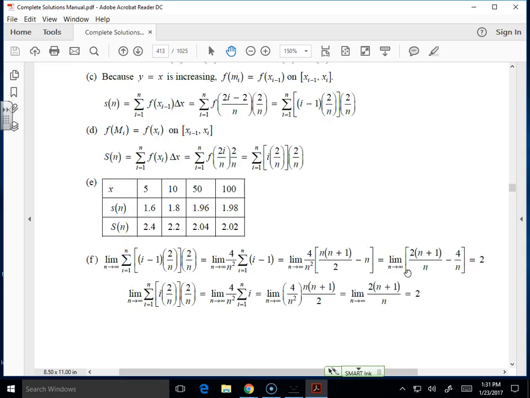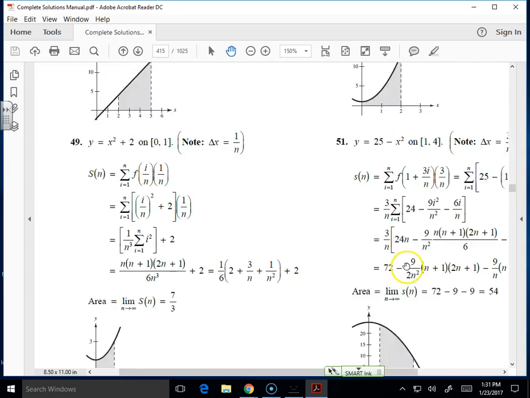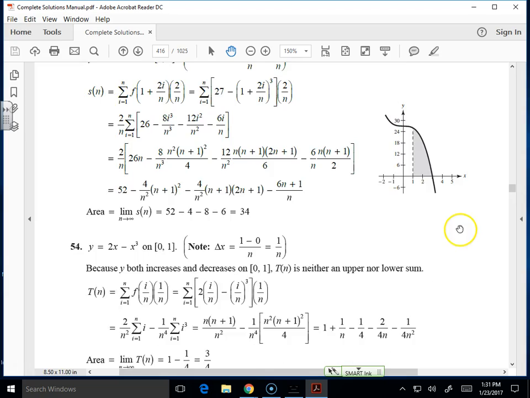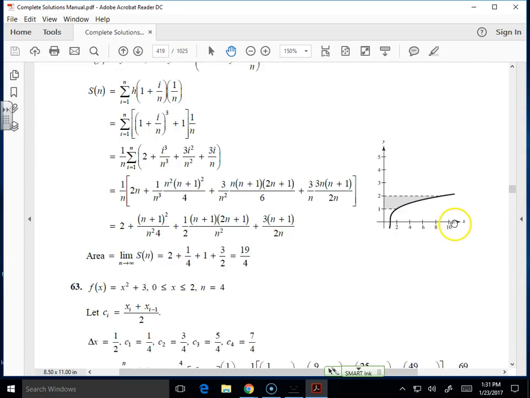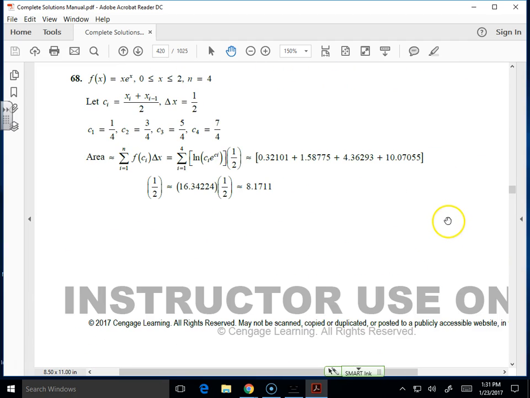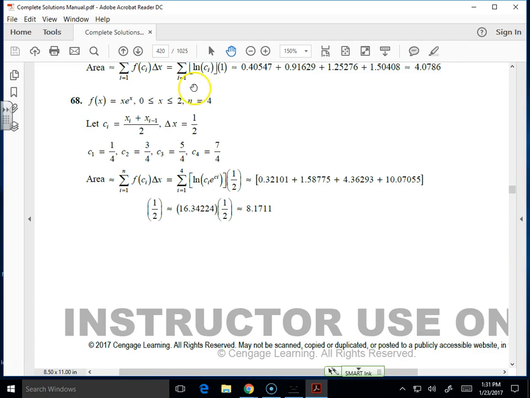Next one, 68. They wrote it funny, but don't stress about the funny. Can you guys at least see where they found their midpoints?